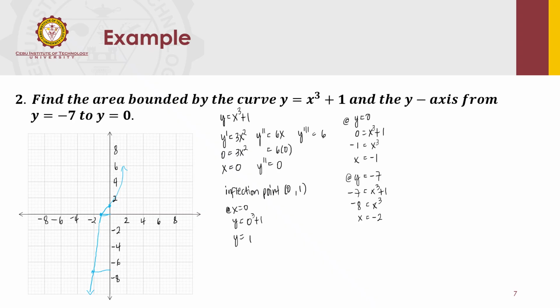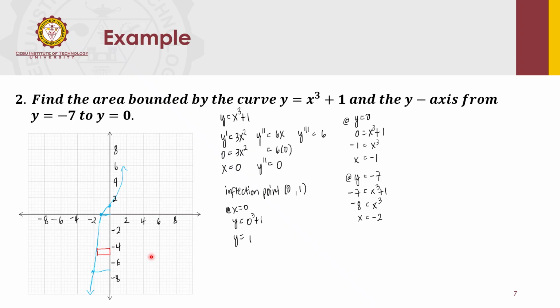You can draw the horizontal strip anywhere you like. Make sure that it touches one point on this left curve and at least one point on the other side, which is the y-axis. Again, this is the area that we're going to solve.